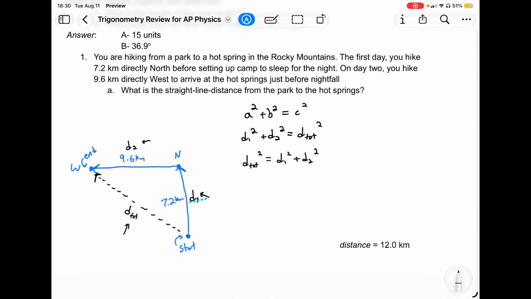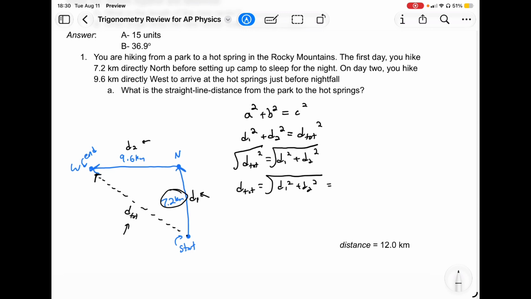And then finally, before I even plug in numbers, let me just solve for d total. Right now it's being squared, so we're going to undo that square. We'll take the square root of d total squared, and that ends up being just d total. That leaves us with the square root of d1 squared plus d2 squared, which we can then plug numbers into.